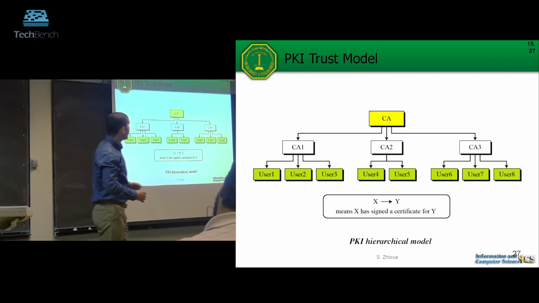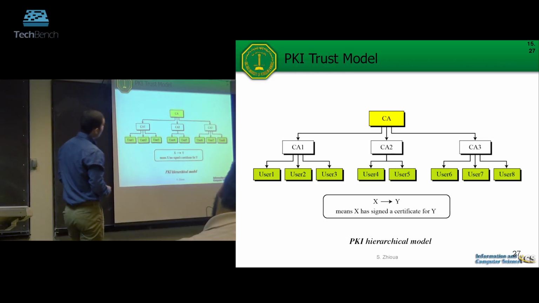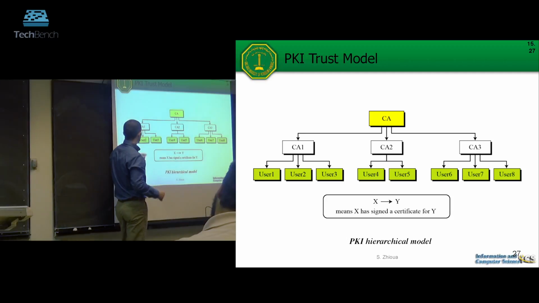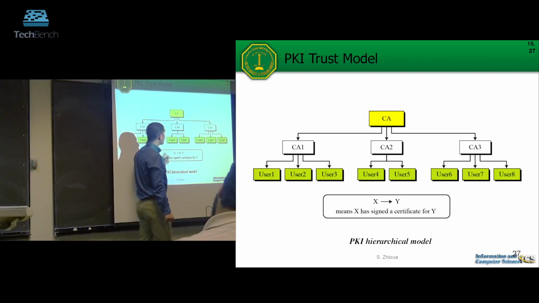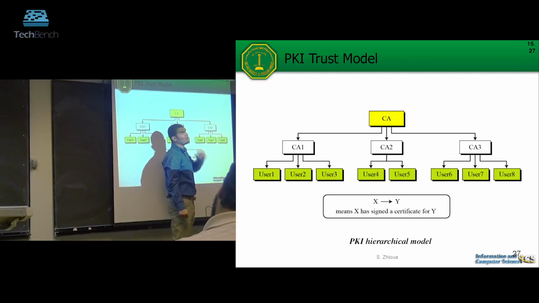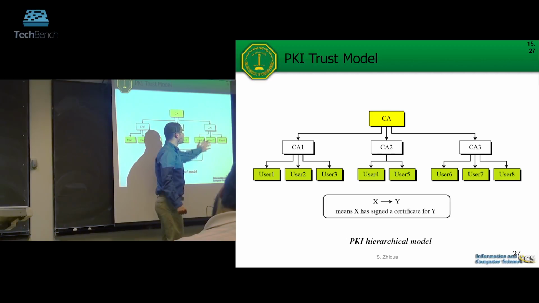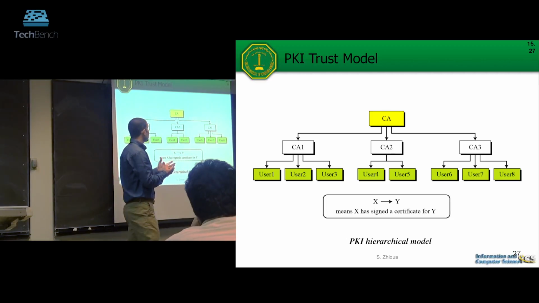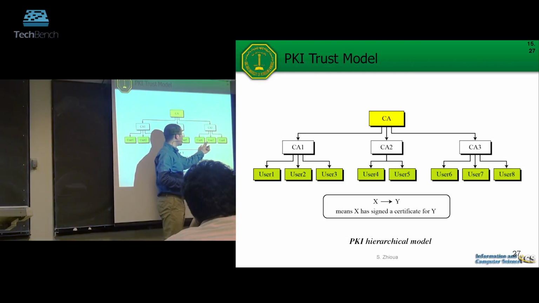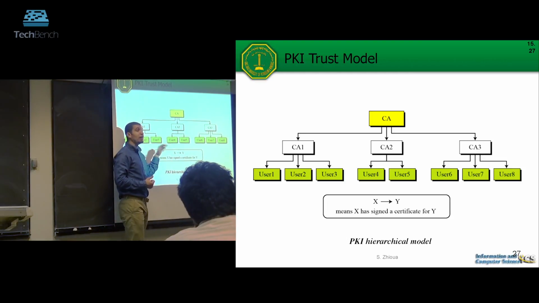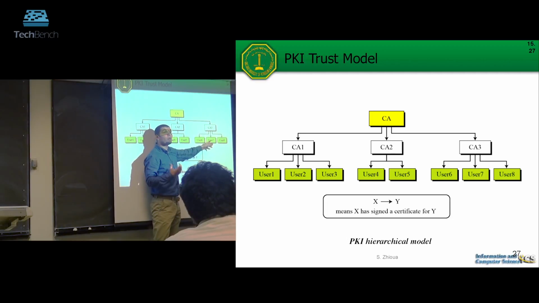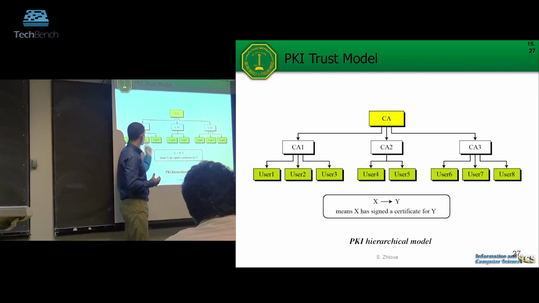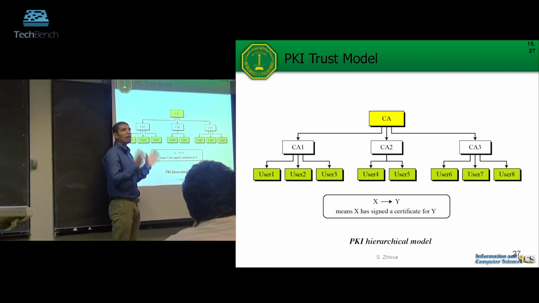Now, suppose that user 2 wants to send something securely to user 7. So user 7 receives some request with the certificate of user 2, and user 7 needs to check that the public key received from user 2 is valid.